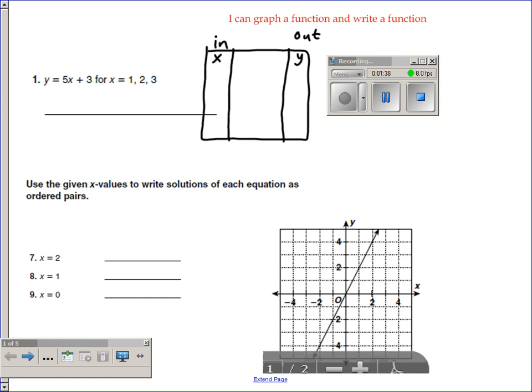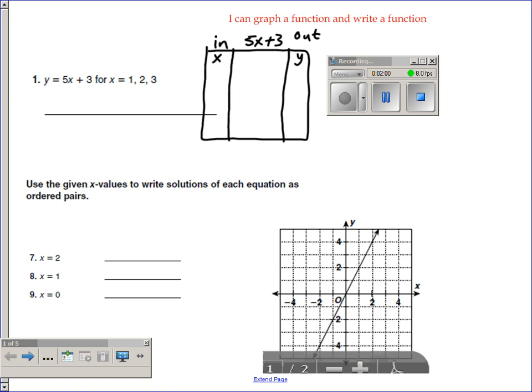Okay? And then we would consider this 5x plus 3. You guys remember, what's my rule? Right? What's my rule? I'm going to tell you right now, this rule is 5x plus 3. 5 times the value of x added to 3.